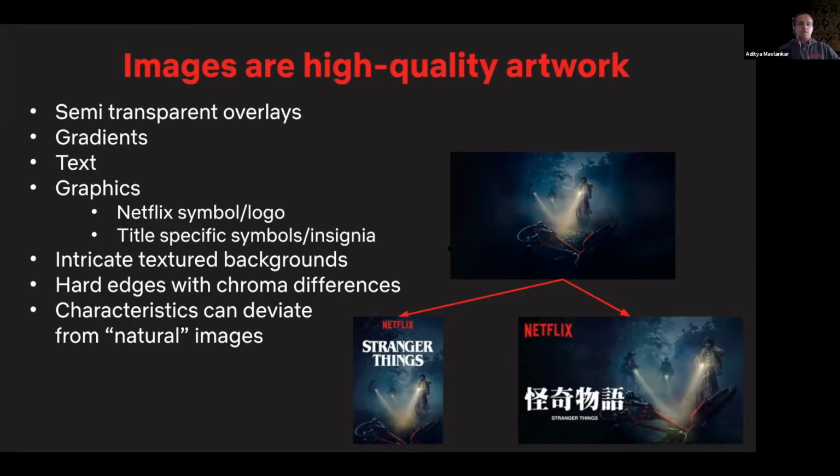In some images, we might see intricate textured backgrounds. It depends on what the artist is going for. But most images have hard edges with chroma differences. For example, the bright red in the Netflix logo can cause a lot of color contrast with neighboring pixels and lead to these kind of hard edges.